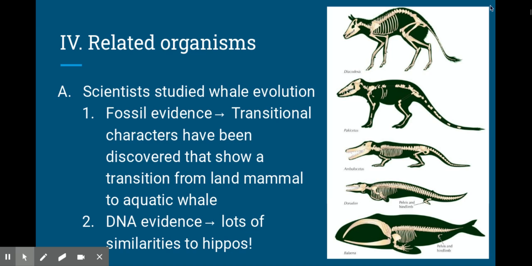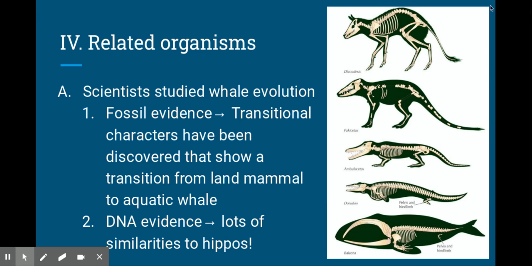So if scientists study whale evolution, if they go farther and farther back and they find more and more historic ancestors, they will see that a recent whale, like a whale that lives now, might have a small pelvis, whereas about 40 million years ago, we have whales that have a very, very small hind limb.